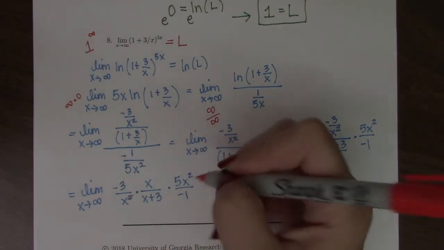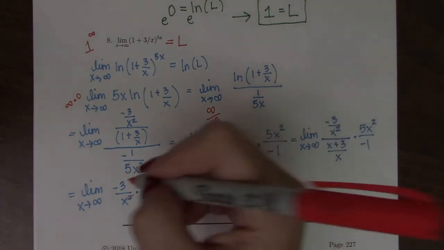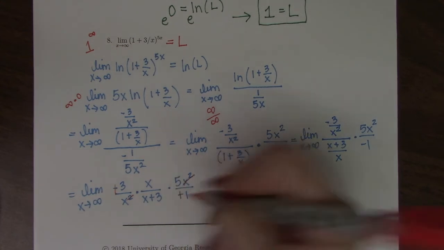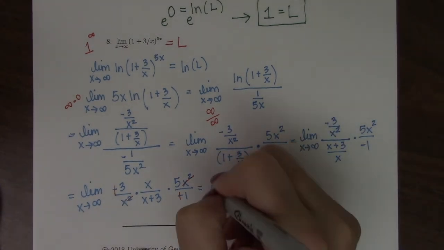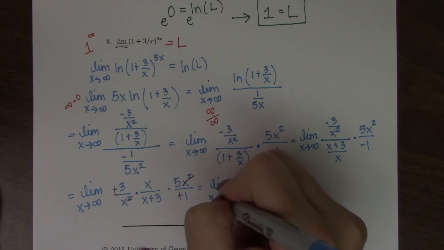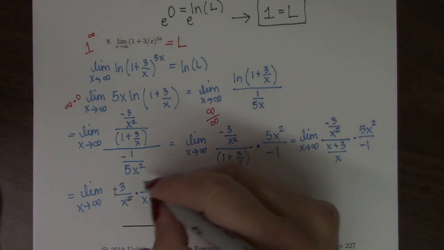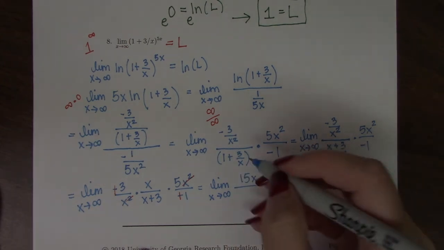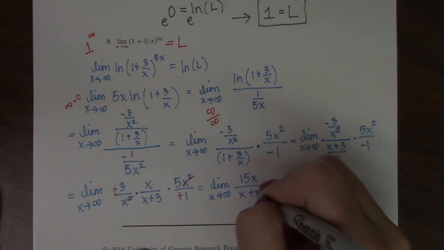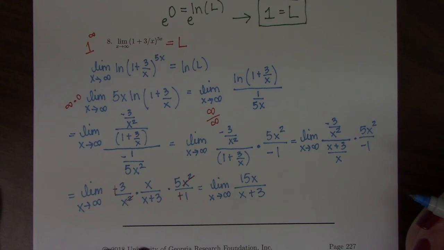This x squared is going to cancel this x squared. This negative is going to cancel this negative sign. And so all I'm left with, if I multiply across the numerator, is 3 times 5 times x, so I have 15x in the numerator. And then I just have x plus 3 in the denominator.